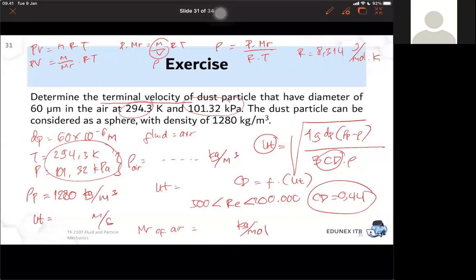I got 1.2, sir. Is that right? It should be okay. The value is around 1, right? Yes, sir. Try to put the value of drag coefficient 0.44 into the terminal velocity equation and check what is the value of the terminal velocity. How about others?